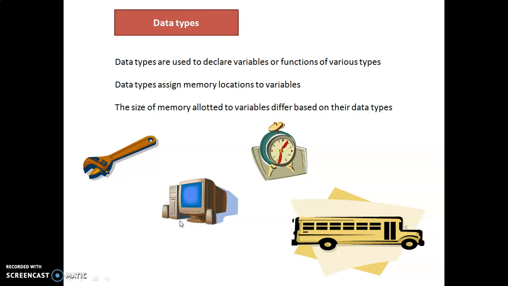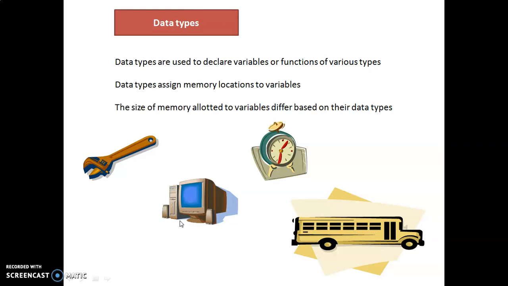Similarly, in the C programming language, if you want to store different types of constants in a computer system, then each and every constant has its own memory requirement. That means all the constants do not occupy the same amount of memory. What are those constants we are having?